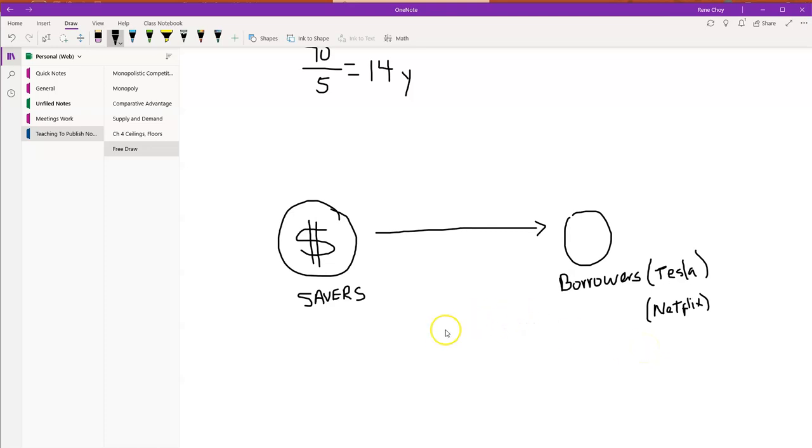We need to figure out a way to move the money from those savers to those borrowers, and that's really the job of the financial system. Okay, the financial system basically provides this connection between borrowers and savers.